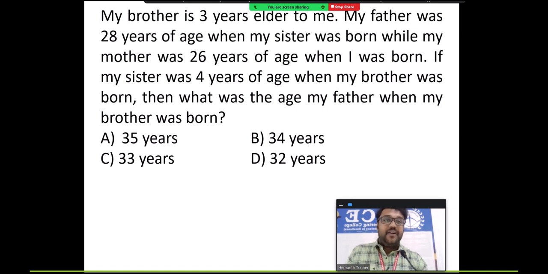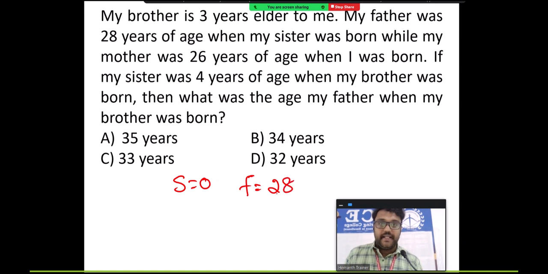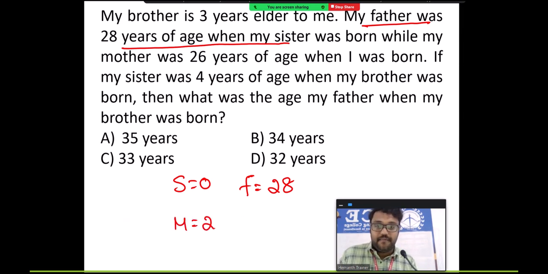Okay, now here, as per the question, when sister's age is 0, father's age is 28. That's the entire meaning of this statement. At the time of sister's birth, father's age will be equal to 28. Mother's age is 26 at the time of my birth. So let's say H is my name, right?